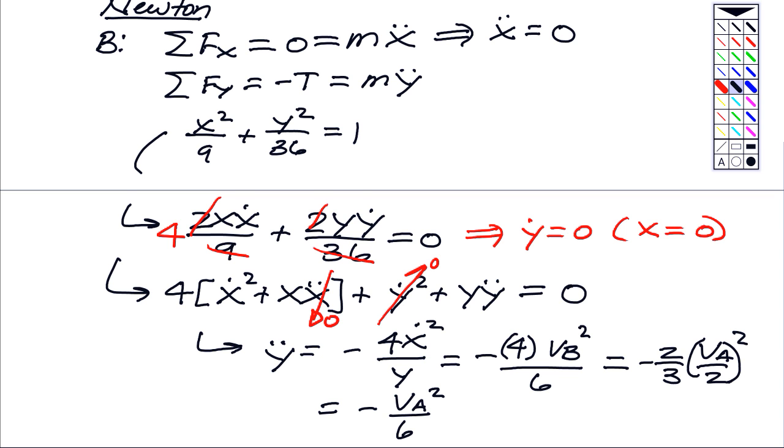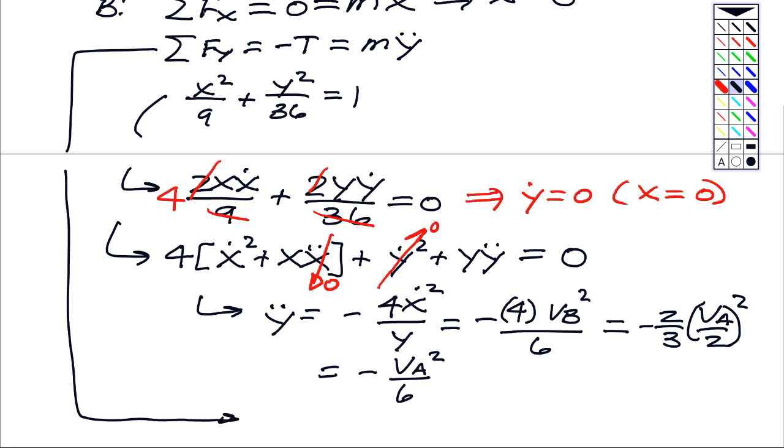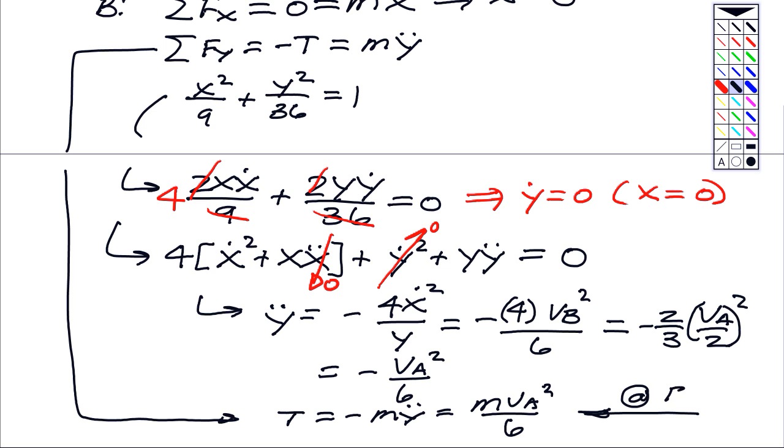From the y component of our Newton's second law equation, T, which is equal to minus m y double dot, is equal to m VA squared divided by 6. And that is the tension in the cable at B, the applied force T.